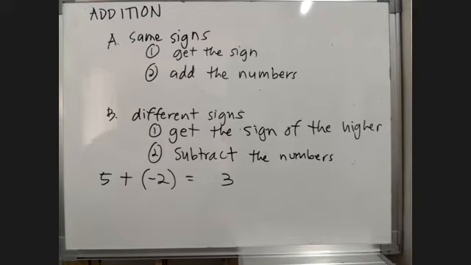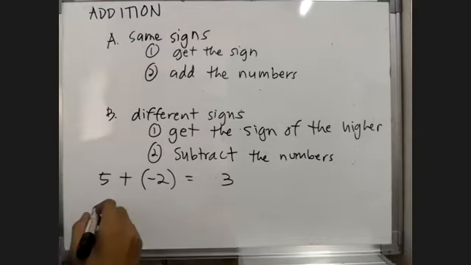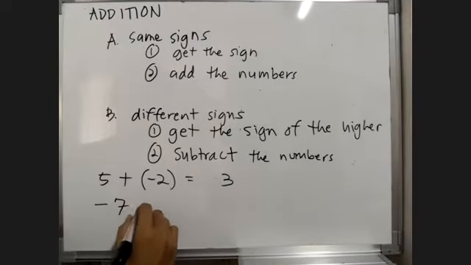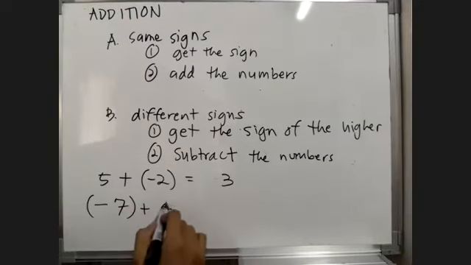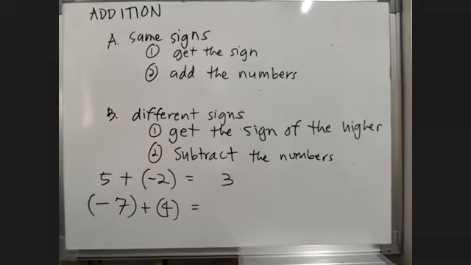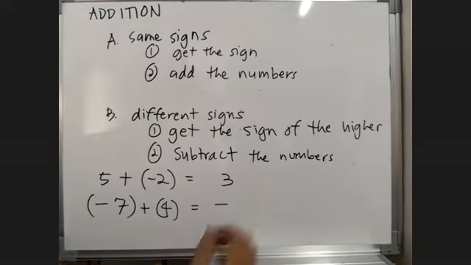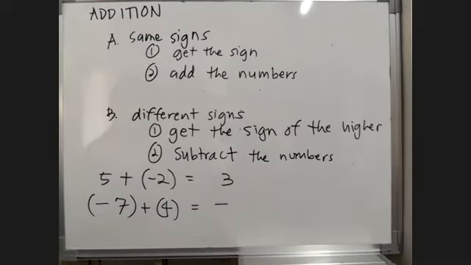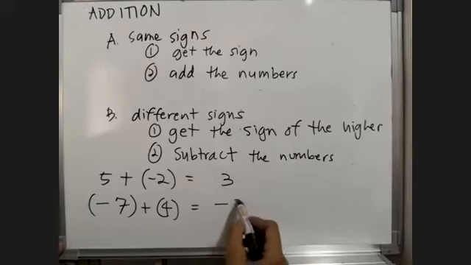How about kapag mas mataas naman yung negative? So, I have negative 7 plus 4. Oh, anong gagawin natin dyan? Get the sign of the higher value. We have negative, then subtract natin. Subtract tayo. So, 7 minus 4. Laging yung mas mataas minus sa mas maliit. Okay? So 7 minus 4, we have negative 3.